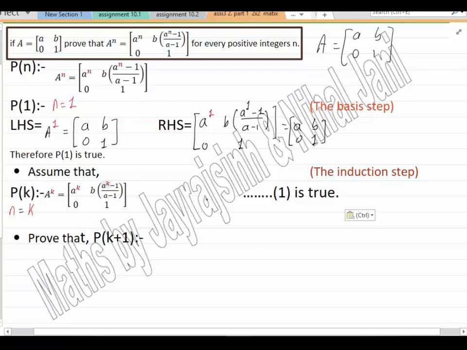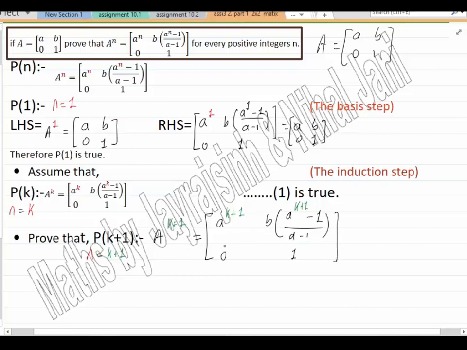Let's call it equation number 1, and using this equation we have to prove that P of k plus 1, which is obtained by putting n equal to k plus 1, A raised to k plus 1 is equal to the matrix a raised to k plus 1, b a raised to k plus 1 minus 1 upon a minus 1, 0, 1.